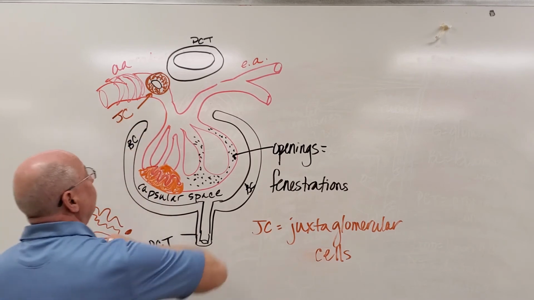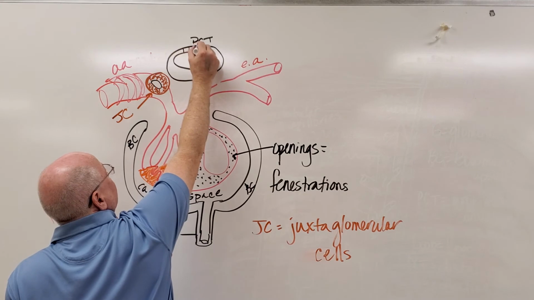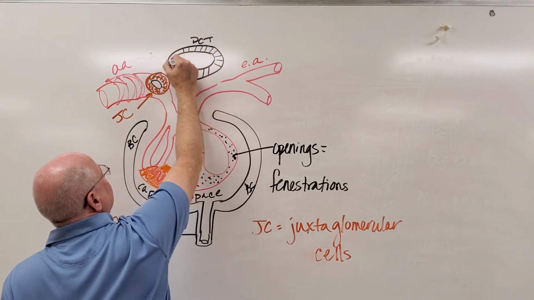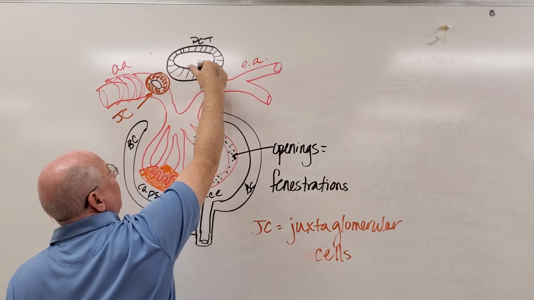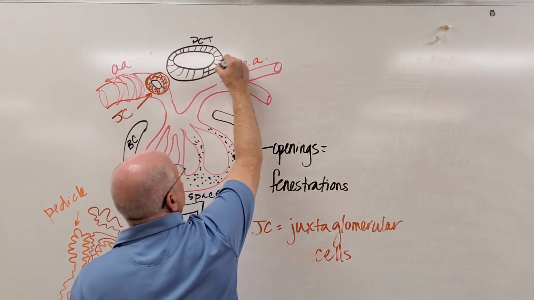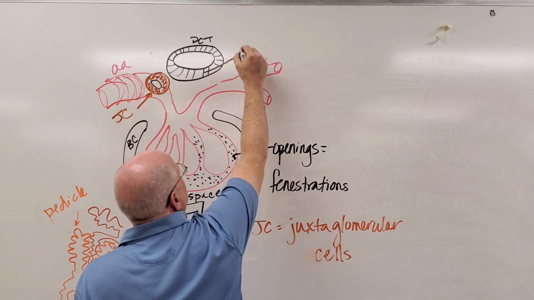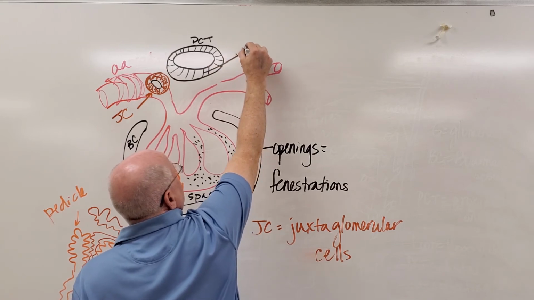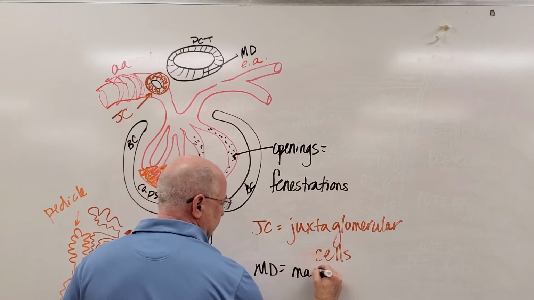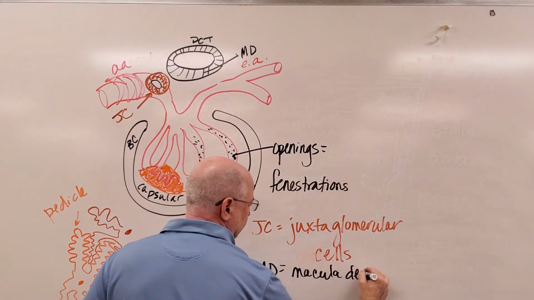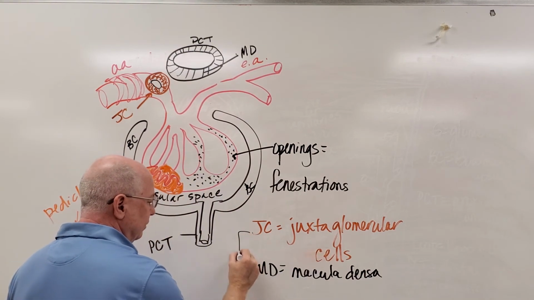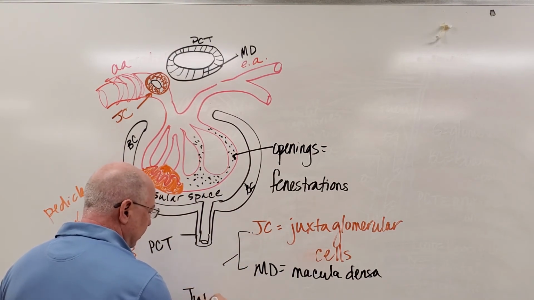On the distal convoluted tubule, I have little cells going all the way around, a single layer of cuboidal cells. But if you look on one side, the side that's closer to the juxtaglomerular cells, it's a little bit thicker. That thick layer of cells is called the macula densa. If I put both of these together, they're called the juxtaglomerular apparatus.